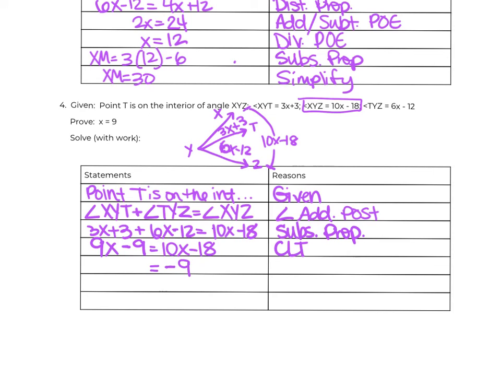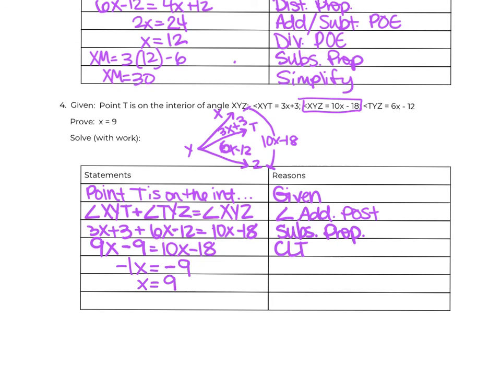Since we moved the negative 9, I have to move the 10. So I would subtract 10 from 9x, giving me what? Negative 1x. Okay, an equation is not done if the coefficient, so the number with the variable, is negative. So how do I get rid of that negative? Divide by negative 1, so x equals 9.